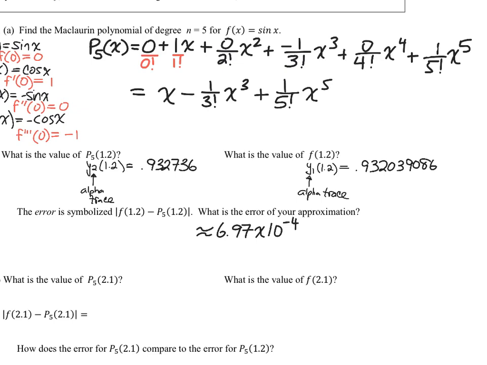Do the same thing for the original function. So we're looking at something that's significantly different, I would say. 0.89, I'll round this one to about 0.897 because they're far enough apart. And then about 0.863, the difference between the two.